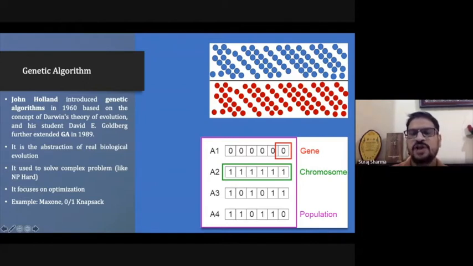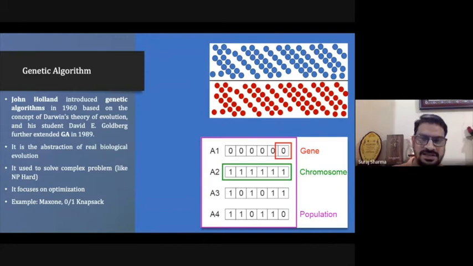That value is called the fitness value. Fitness value means I need good people, that is my fitness. How good my people are is based on their criminal record. Let's assume there are some people who have a criminal record, so the fitness function value will be less. And the people who have no criminal record, their fitness function value is more.